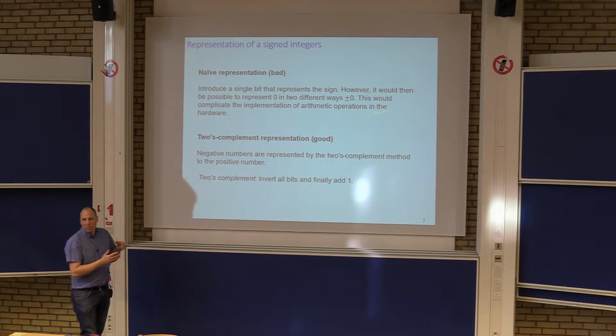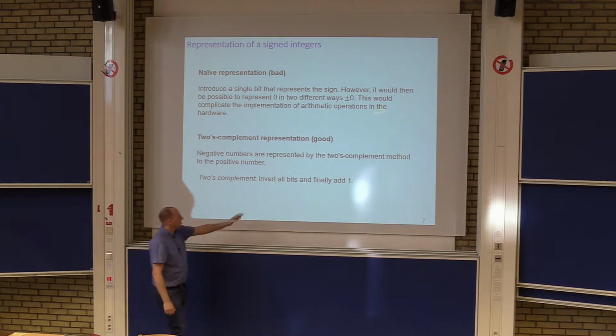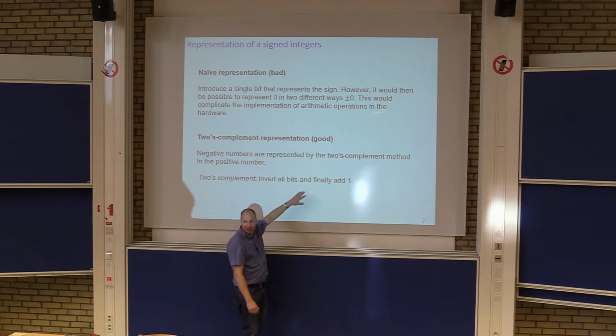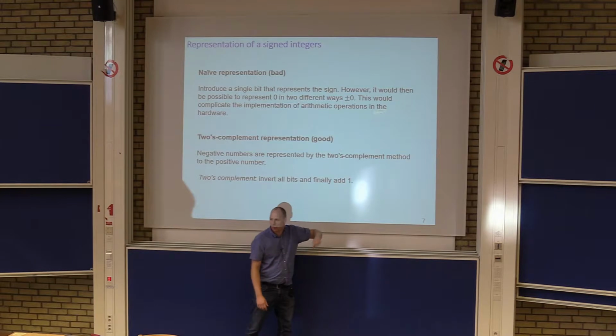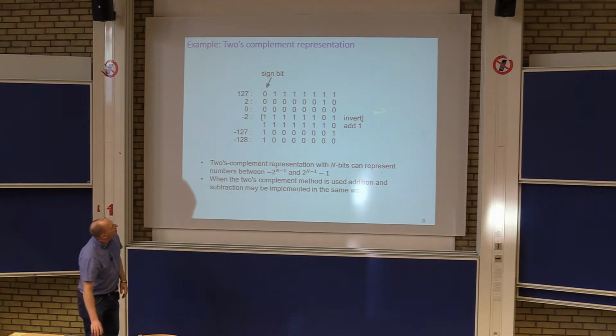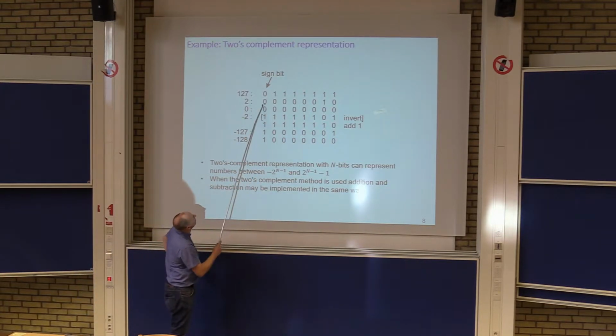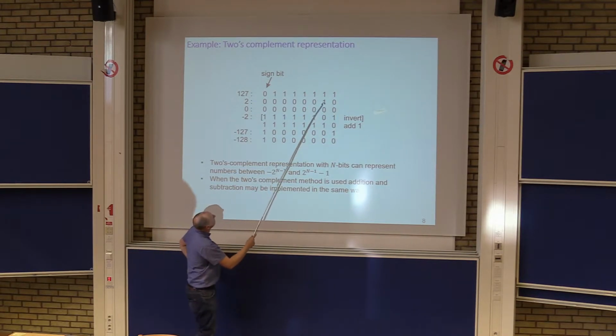In the 2 complement method there will only be one way to represent 0. And in this method, if you would like to have the negative representation of a number, then what you do is that you invert all the bits from the positive number as you saw before, and then we finally add 1. So, given an example here, let's say we can take 2, right? So 2 is represented like this. So we have a 1 here.